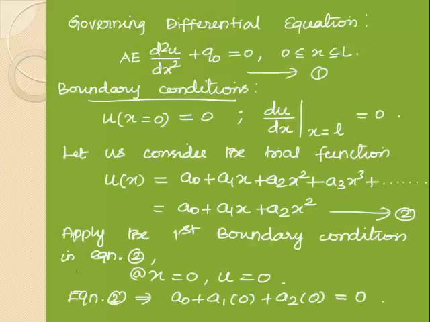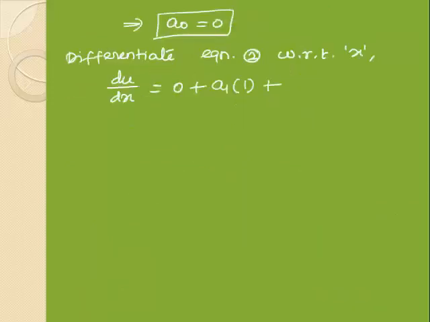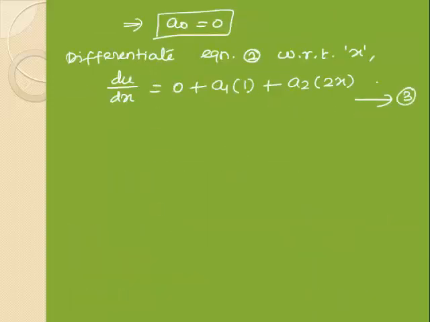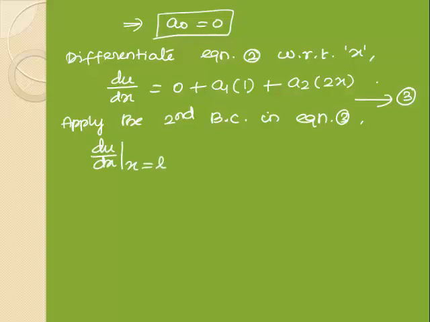Then for the third term, that is a2x square, a2 into 2x. Okay, so we can keep this as equation 3. Now we can apply the second boundary condition in equation 3, that is du by dx at x is equal to L is equal to 0.